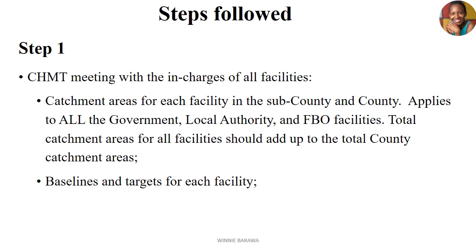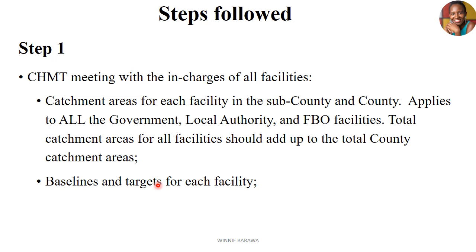You apply this to all the facilities, both governmental, faith-based, and even non-governmental organizations. They will discuss the inputs of demographics, health status, health achievement, health challenges, and so on. Then together, they will develop the baseline and the targets that they wish to achieve for each facility at the various levels.